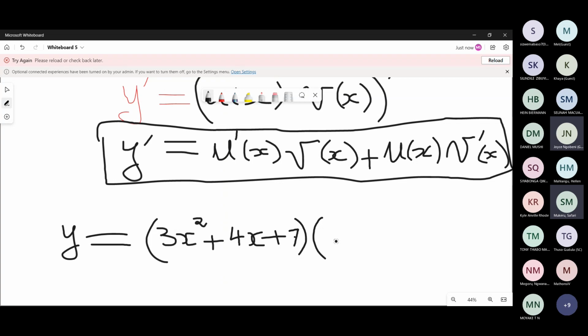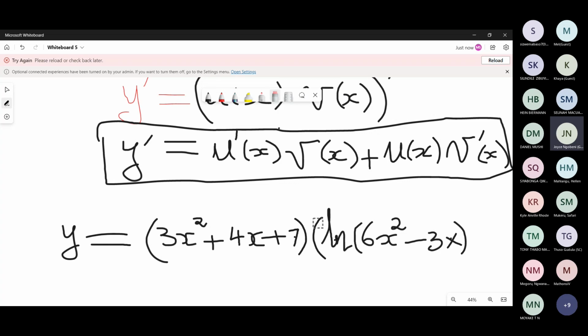It's ln of 6x squared. Only x squared? You don't want to add something? Maybe 3x. Yeah, you can add 3x. Okay, let's leave it like that, with the closing parenthesis.